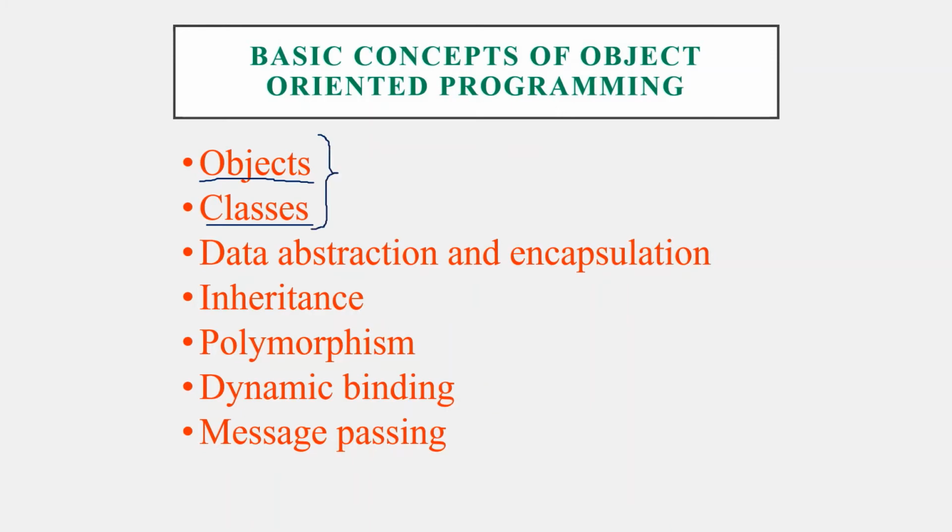Now let us try to understand what is an object and then what is a class. I think you have already studied these things in your C++, so it is very easy to understand now. So once again, if you listen, then it is well and good. You can get the idea from your previous C++ programming language also.